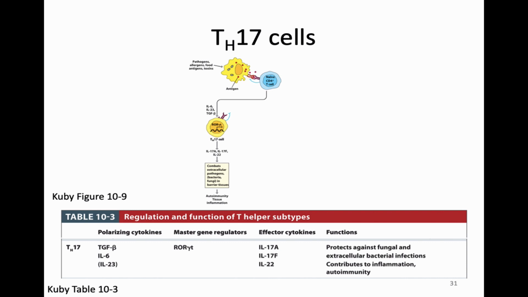When the naive T cell receives that combination, say, of TGF-beta and IL-6, and note for exam purposes, in this case, you would need to write both TGF-beta and IL-6. You can't just write TGF-beta for this one. That cell will start making a transcription factor called ROR gamma T. Once our cell is making the transcription factor ROR gamma T, it will begin making effector cytokines like IL-17.